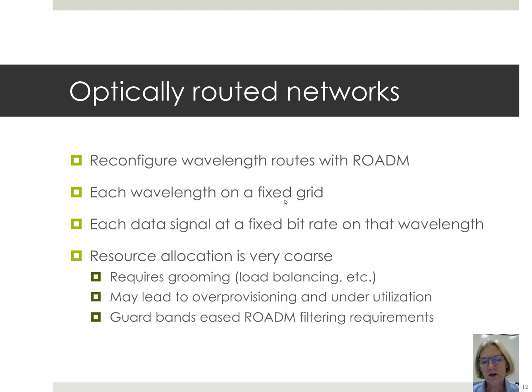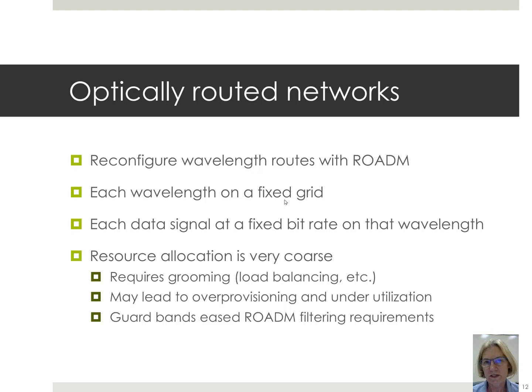I want to mention that I talked earlier about how tightly we could pack the wavelengths, and in the optically routed networks, that was one of the major reasons that we had to have these guard bands or a sufficient spacing between the wavelengths, because the routing ROADMs had a certain sharpness to the filtering, and because it wasn't ideally sharp, when we accumulated filtering across many hops in the network, the effective width of the filter would get smaller and smaller and cut into our channels.